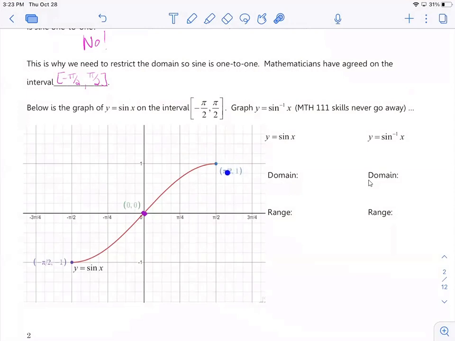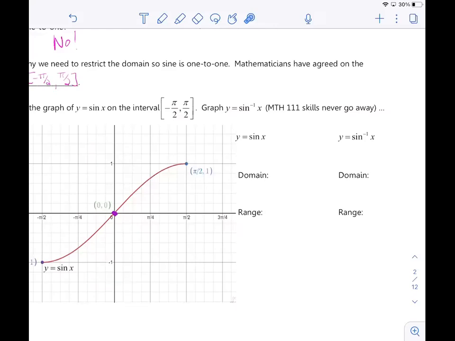So to be clear, I'm swapping this point. Okay, so now my input becomes 1, which is going to be roughly around here somewhere. And my output becomes 1.57. So to swap that pi over 2, 1, that's going to become 1, pi over 2. So that is going to be about right here.